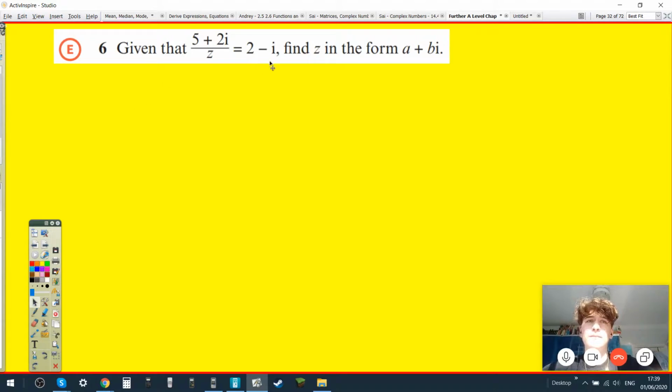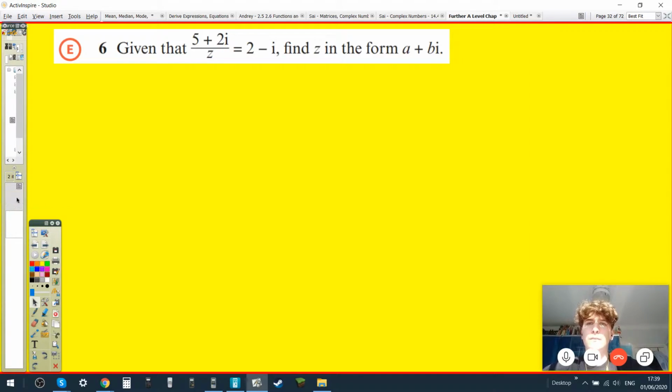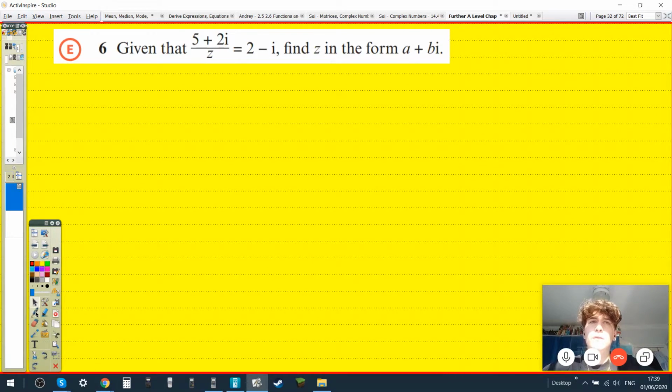Given that this is equal to this, find z in this form. That's not easy. 5 plus 2i over z equals 2 minus i. Find z in the form a plus bi.